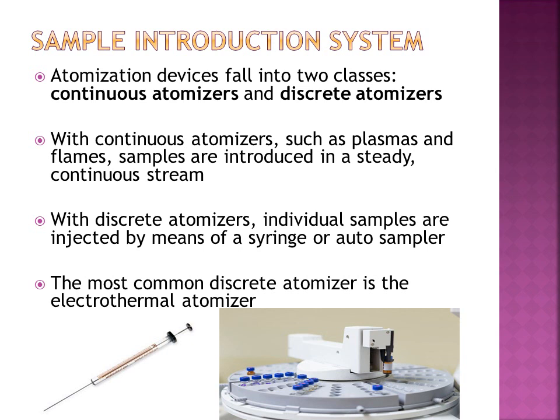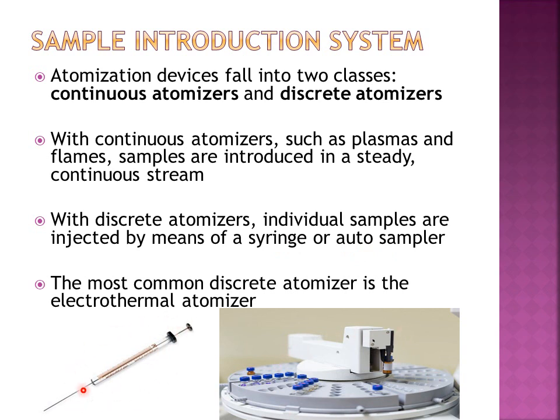While in discrete atomizers, samples are injected in a fixed volume, and that is done by means of a syringe or autosampler. You can see here is the syringe and here is the autosampler.